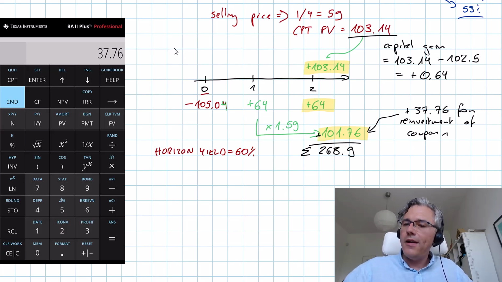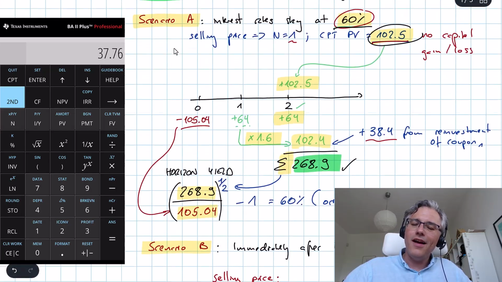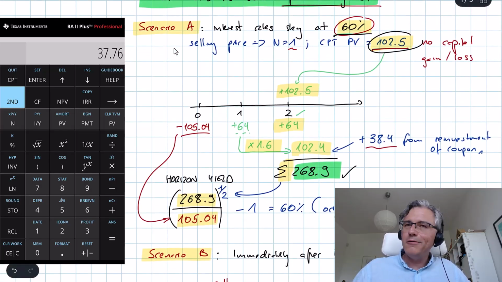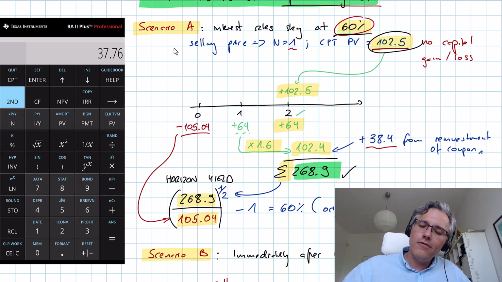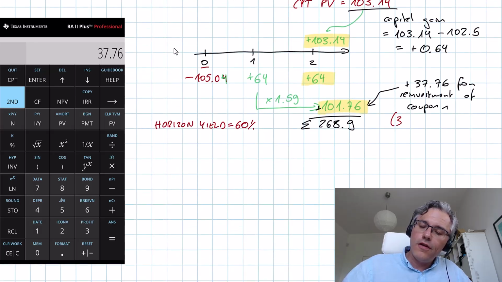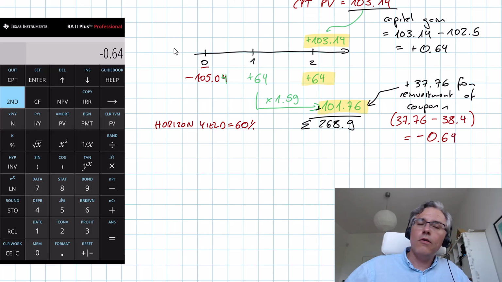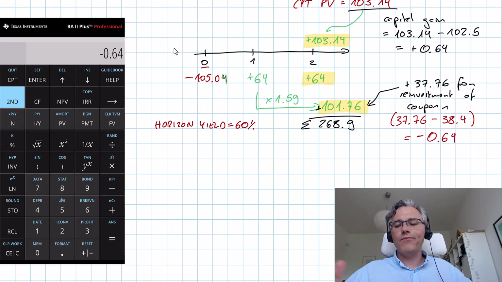And if you compare that to how much was generated under the no yield change or the constant yield scenario, where yield stayed at 60%, that was 38.4. So 37.76, which we have here, minus 38.4 gives a loss, obviously relative to the constant yield scenario.